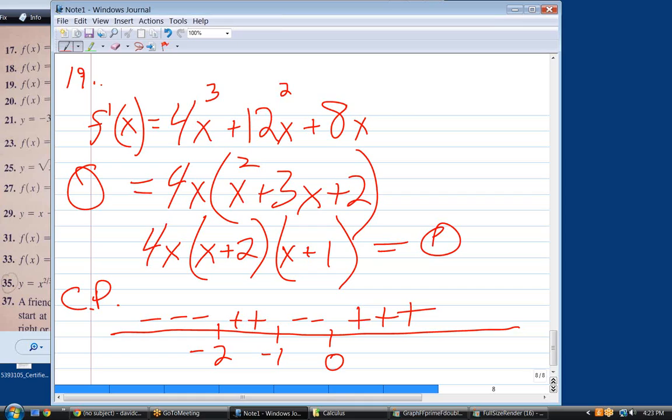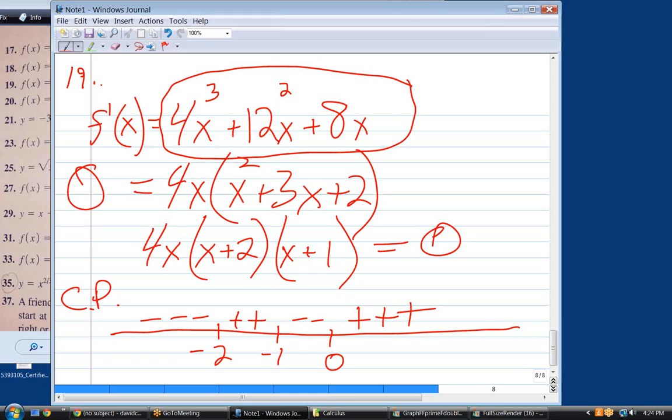Now, this was only very doable because there was no constant. If you take a cubic that has a constant, finding its zeros is no easy task. In fact, it can be like a 20-minute problem.